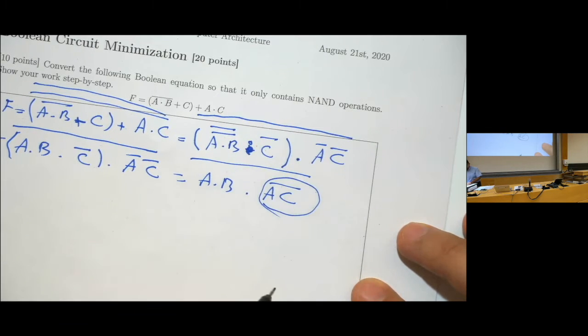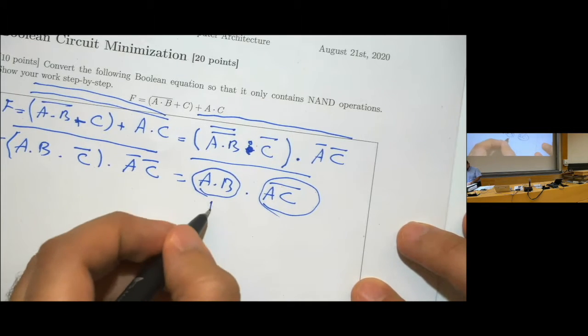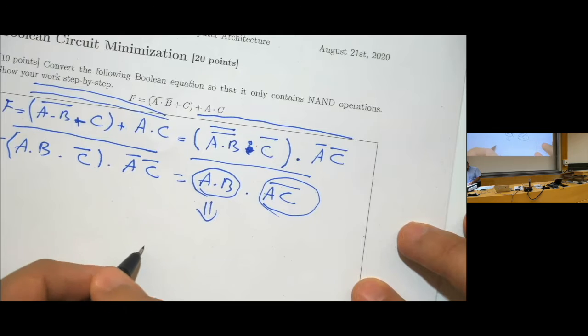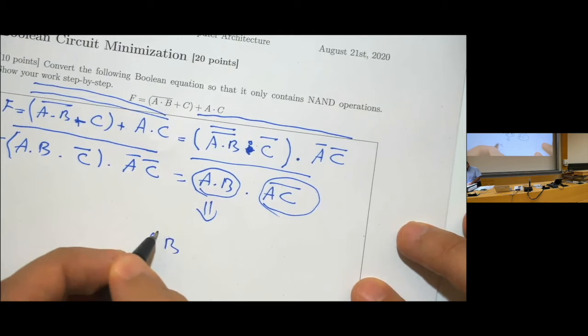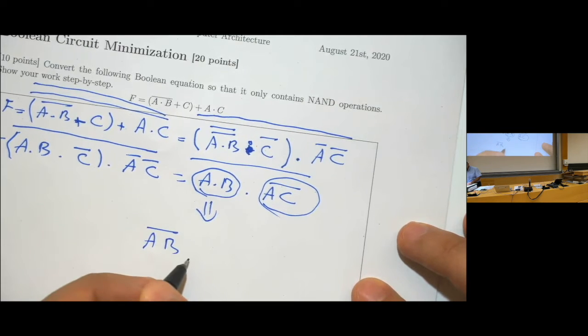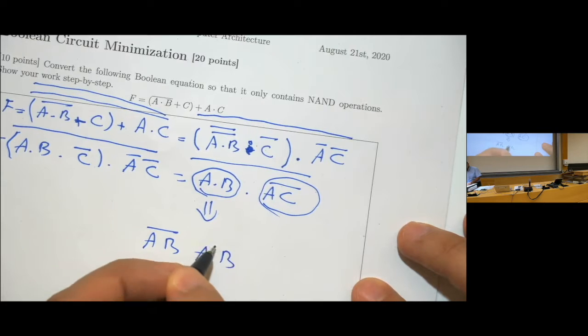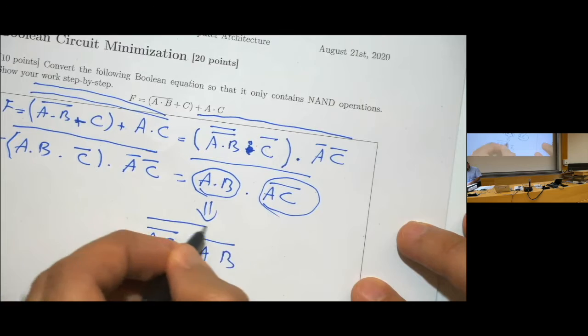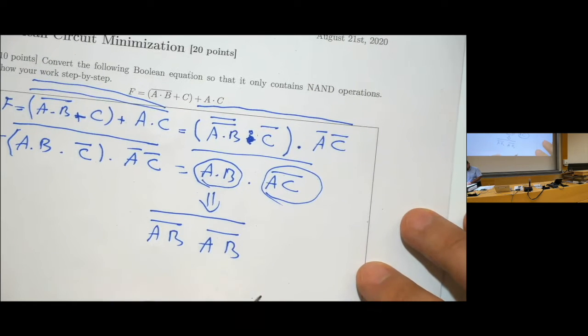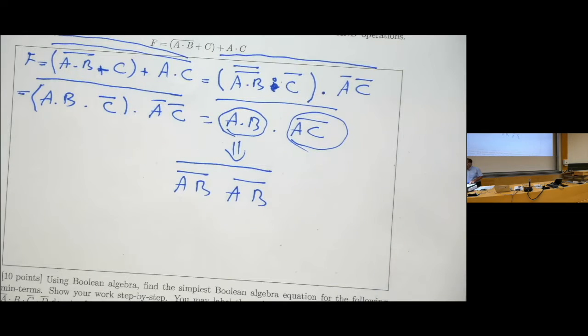The overall is a NAND operation, but this one needs to be a NAND operation too. And for that, the only thing we need to do is, and that's all. Any question?